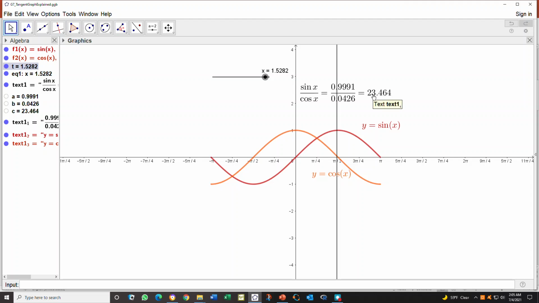Why are these numbers increasing like this, 23, 24, 25? That is because, let's say the top is just exactly equal to 1. 1 over some small number, 0.1. 1 over 0.1 is 10. 1 over 0.01 is 100. 1 over 0.001 is 1,000.